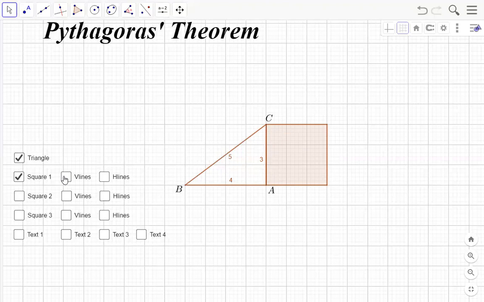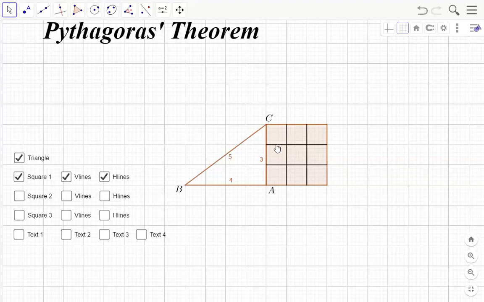Now let's add some vertical lines and horizontal lines. So there are 2 vertical lines and 2 horizontal lines forming squares of 1 centimeter by 1 centimeter, so each has an area of 1 centimeter squared.